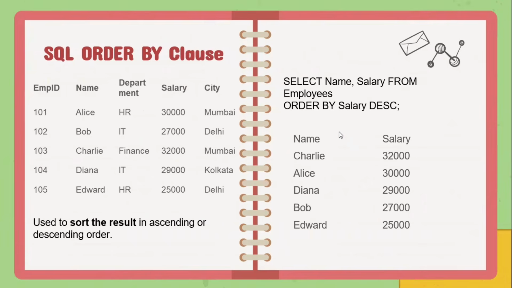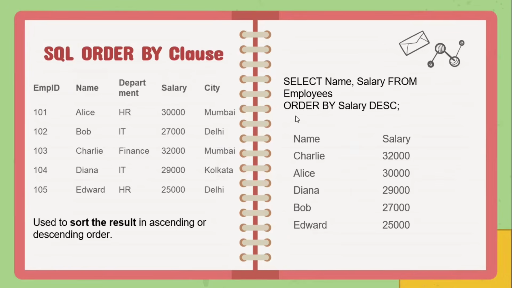Then let's see the SQL order by clause. Order by clause is used to sort the result in ascending or descending order. If we want to sort the result in ascending order, then we can simply write ASC. If we want to sort it in descending order, then we can simply write DESC. So suppose this is the table that we originally have, and I'm writing this query: select name, salary from employees order by salary DESC.